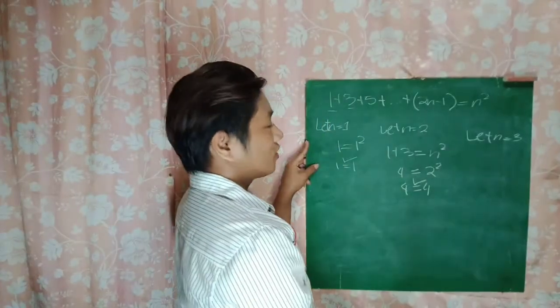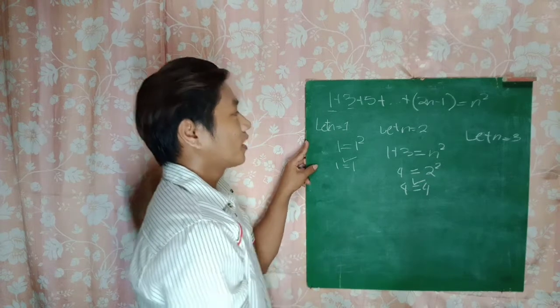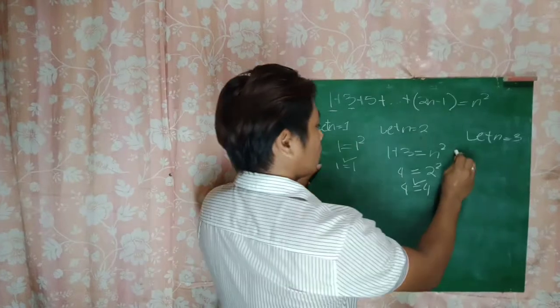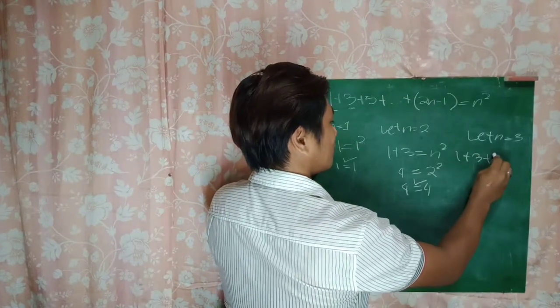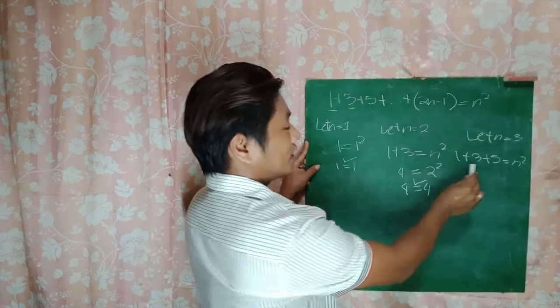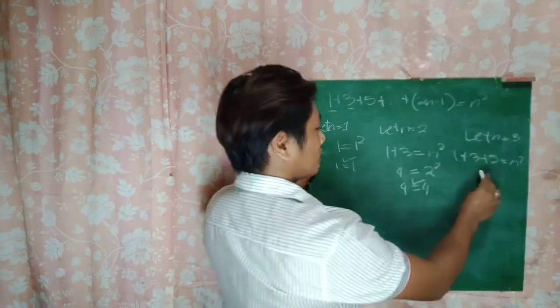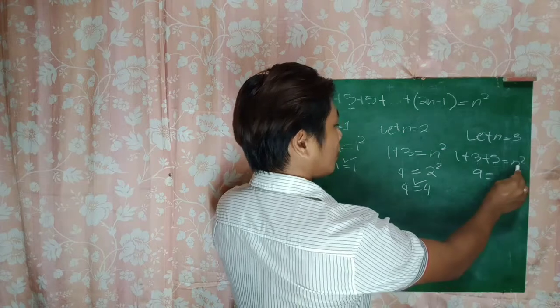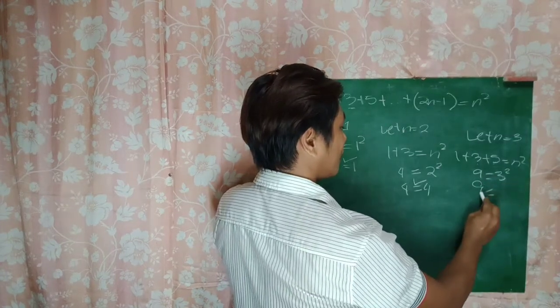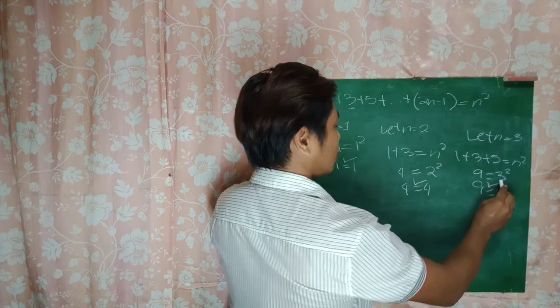By letting n equal to 3, we get the three place values of the given equation, the 1, 3, and 5. So we have 1 plus 3 plus 5 equals n squared. 1 plus 3 equals 4, plus 5 equals 9. For n squared, by letting n be 3, 3 squared is 9. So 9 and 9 are equal.